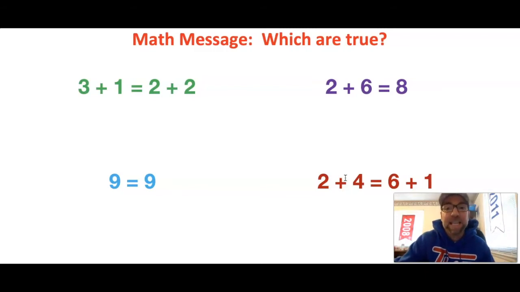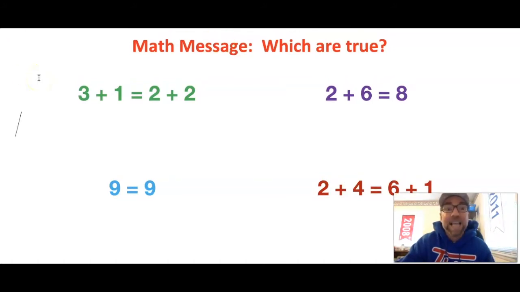I want to see if you can write down on your whiteboard which of these number models you think are true. Go ahead and hit that pause button while you study all of the number models and write down the ones that you think are true. When you're done, press play. We're going to see if you are correct.